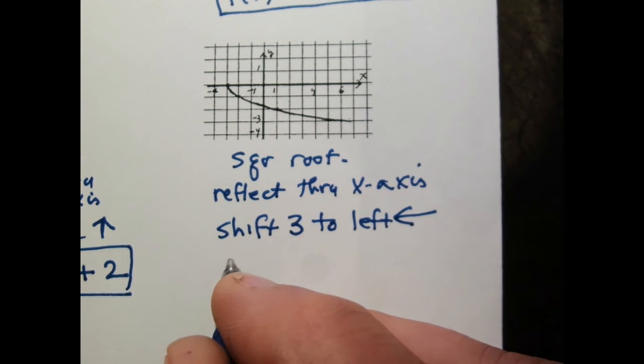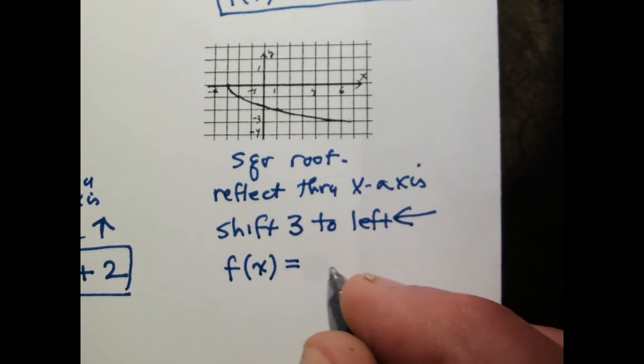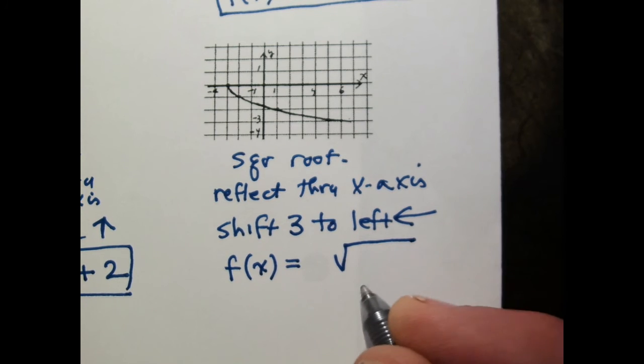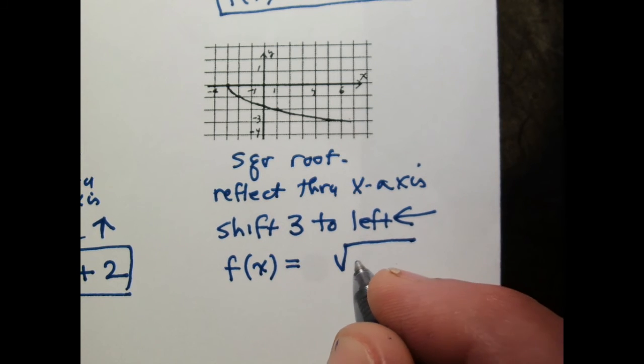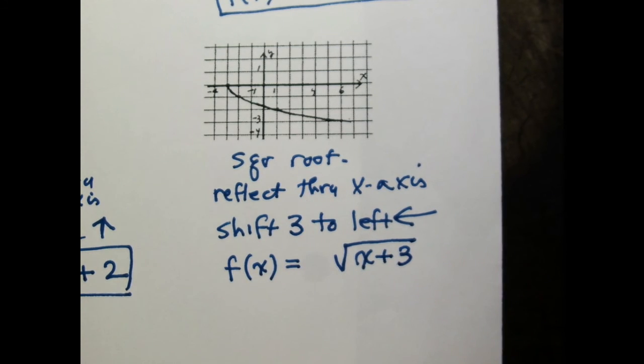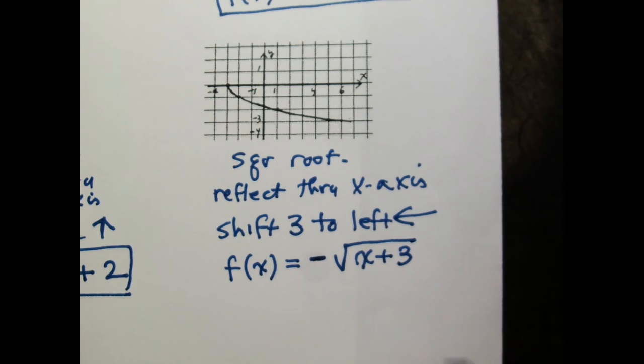All right, so let's see. So we're dealing with a square root function. The horizontal shift has to go inside the square root, and it's got to be x plus 3 because I'm going to the left, so it's the counterintuitive one, right? Because I'm going to the left, so I write plus. And reflect through the x-axis means I put the minus sign in front of the function expression, in front of the square root.